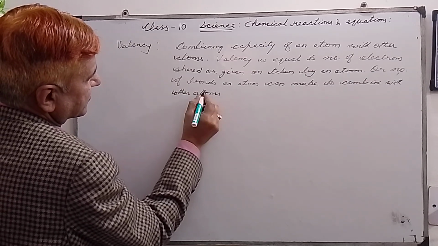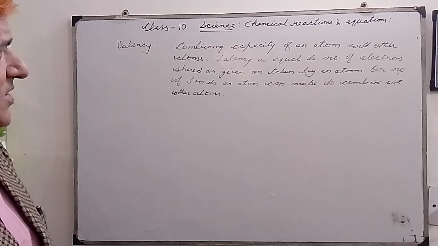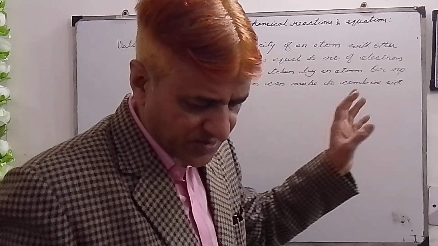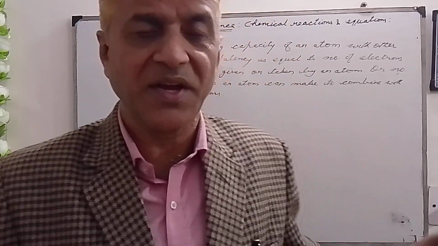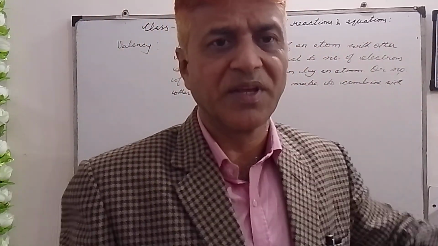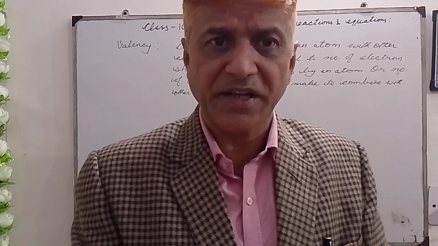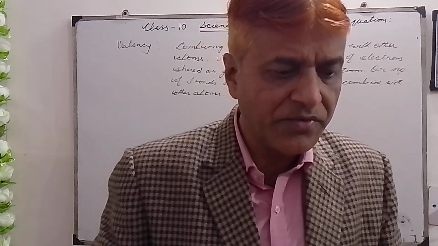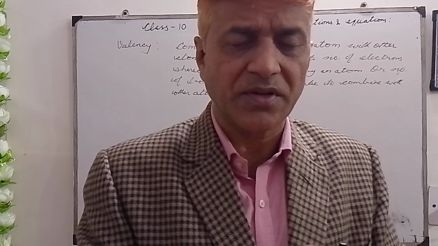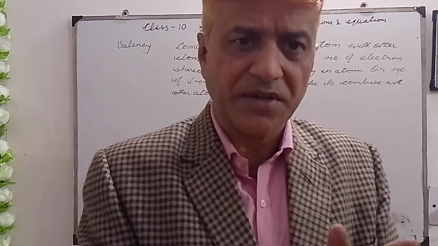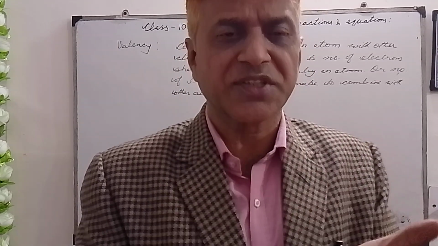So these are two or three ways of describing valency. Number one was combining capacity, or you can say the number of electrons shared, taken, or given.